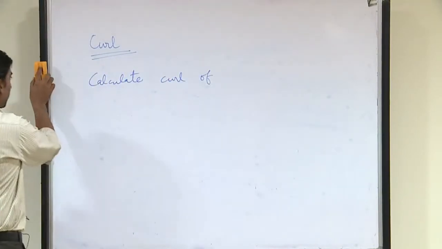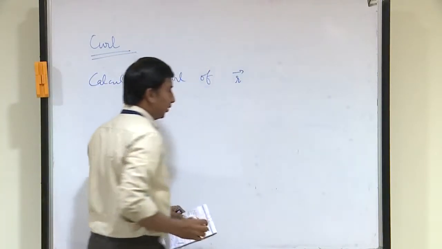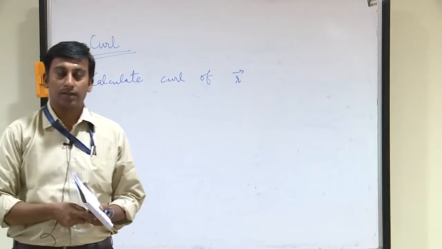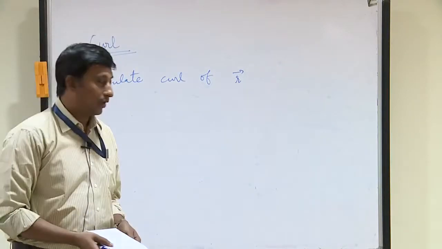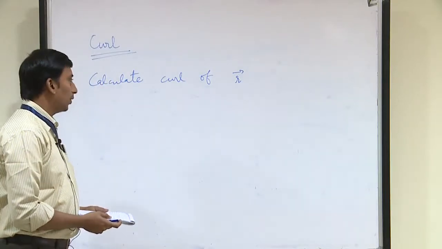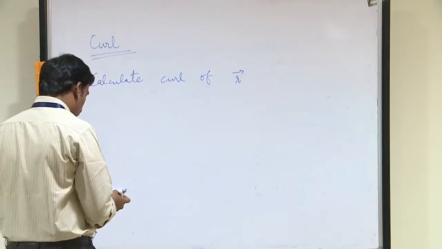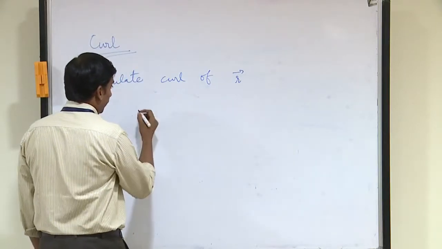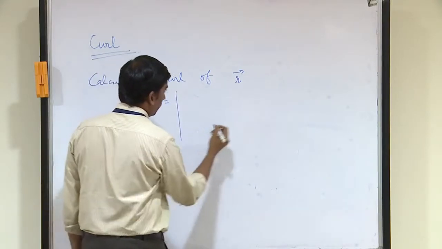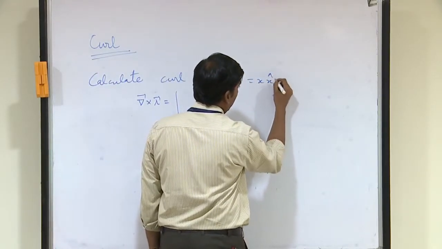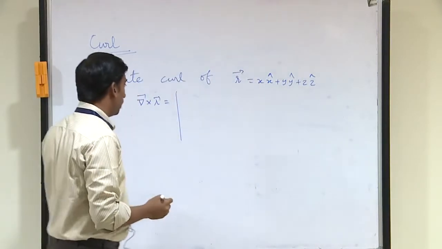Again, let's try to calculate curl of the position vector R. In the last class we did gradient of the magnitude of the position, and we did divergence of R in the earlier example. Now let's calculate curl of the position vector R. What is R vector? It is x x cap plus y y cap plus z z cap in Cartesian coordinates.